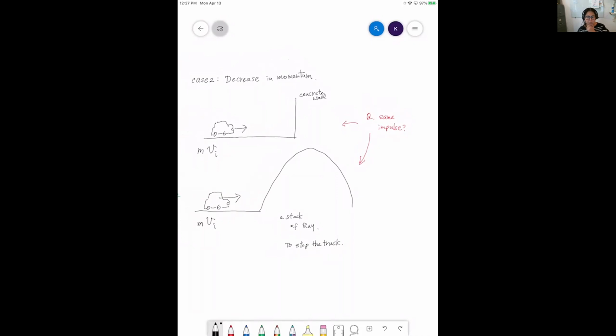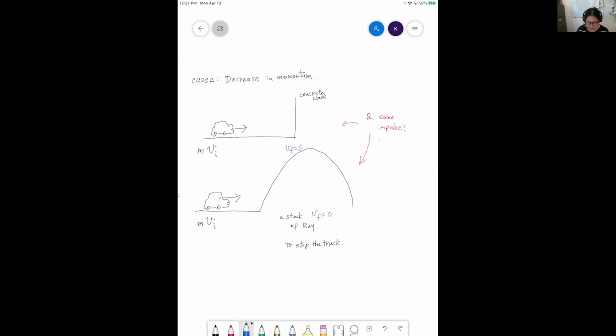After you use the concrete wall to stop the car, the final velocity is 0. If you use a stack of hay to stop the car, again the final velocity is 0, the same.